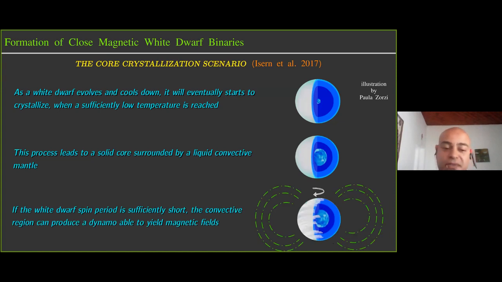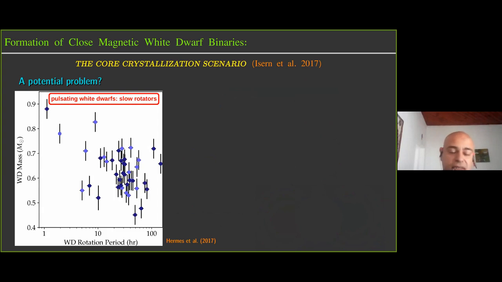If the white dwarf is rapidly rotating, which means that its spin period is sufficiently short, a dynamo can be produced in this convective region. And this dynamo will lead to magnetic fields. So a required condition is that we need a white dwarf with short spin period, and maybe this could be a problem because from observations we know that white dwarfs are slow rotators.